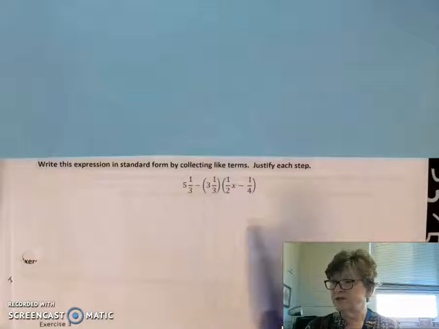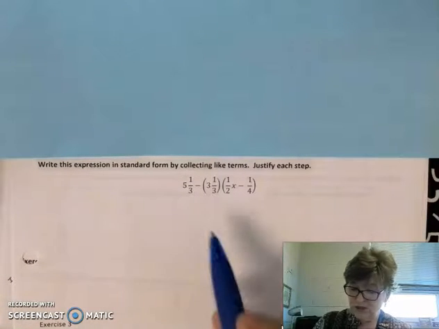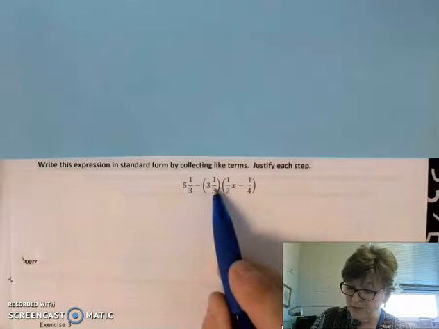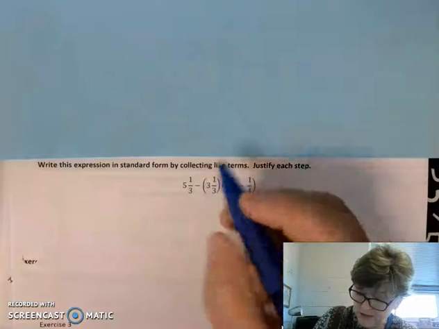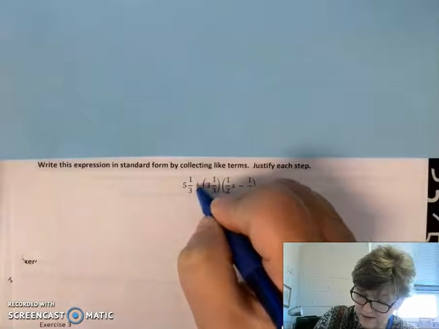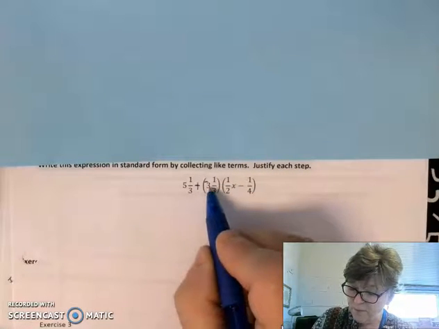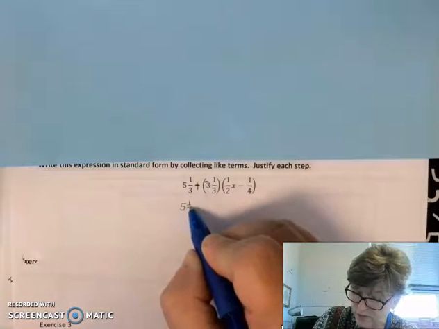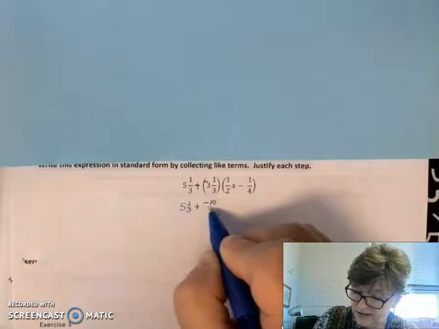Our first step is going to be that we need to change this mixed number to an improper fraction. So this improper fraction becomes, and I'm going to change this to plus a negative, 5 1/3 plus a negative 10/3.